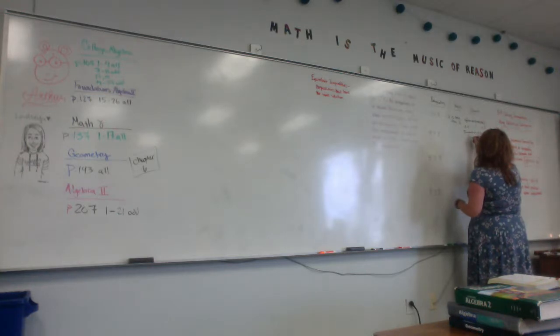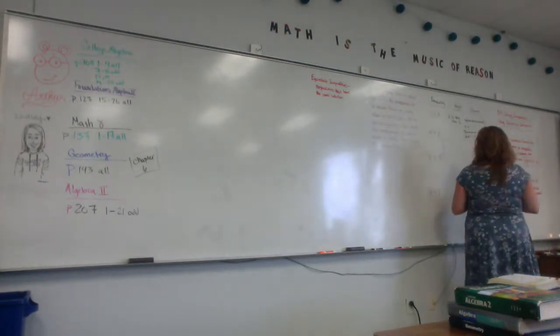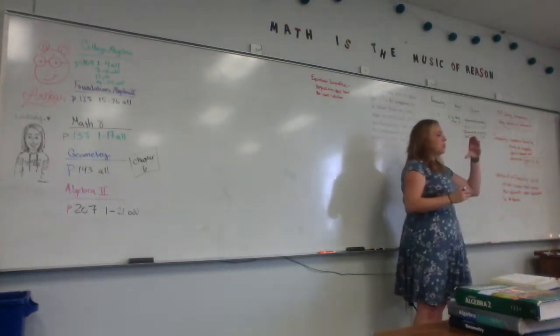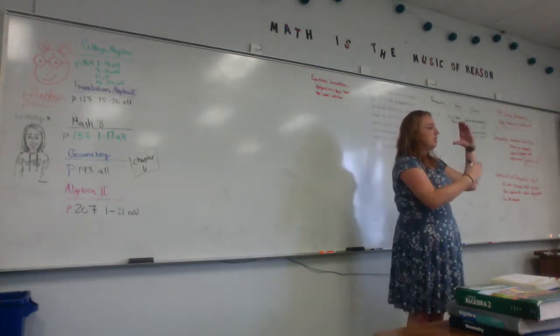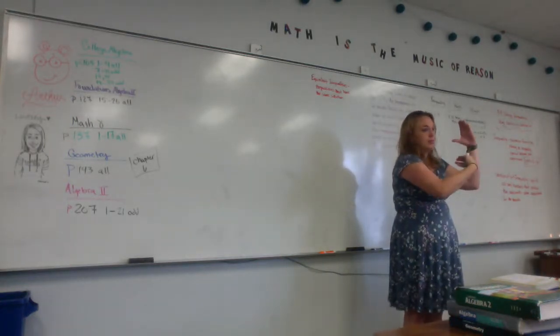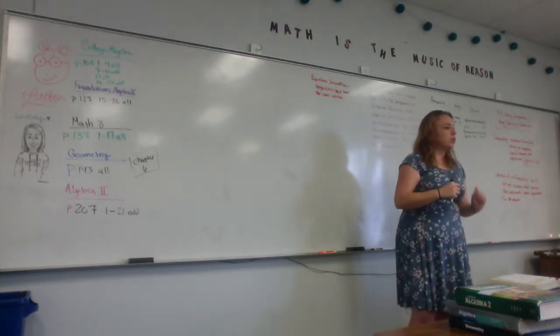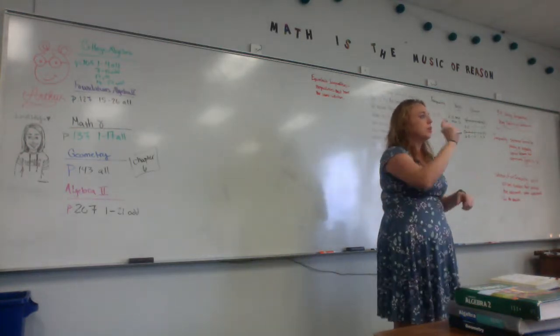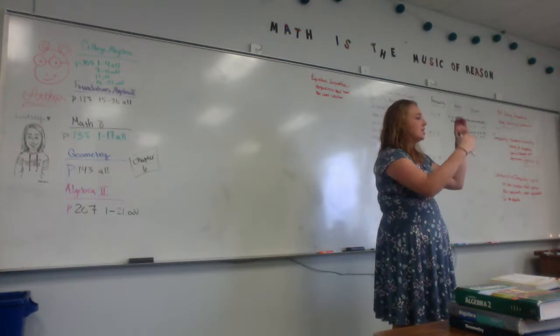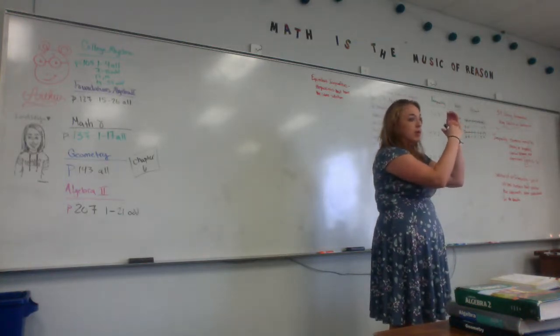If it says less than or greater than, you use a parenthesis because it doesn't include that number. If it says less than or equal to, or greater than or equal to, you use a bracket because it says I am using that number as well.